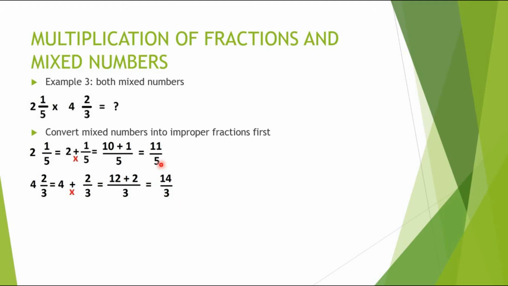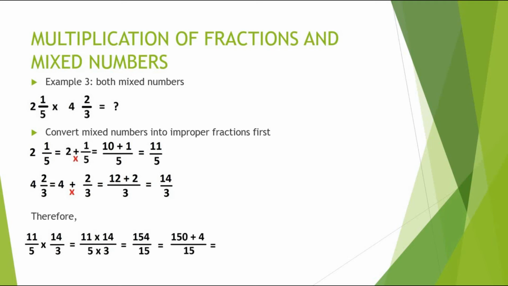Okay, and then our answer will be 14 over 3. Okay, now pares na silang improper fraction. Therefore, we have 11 over 5, times 14 over 3. Okay, so we multiply, we move to the next step. We multiply the numerators, which is 11 times 14, and we multiply the denominators, which is 5 and 3. Now we proceed with the reduction. So we will reduce it.